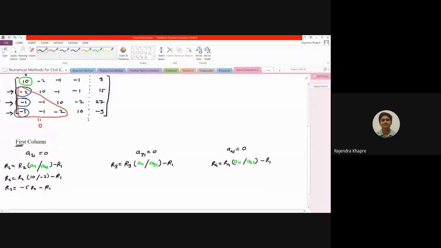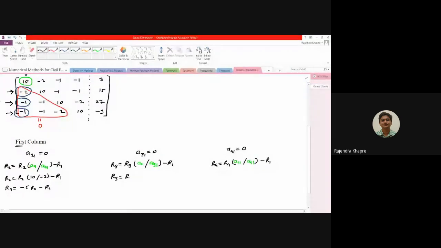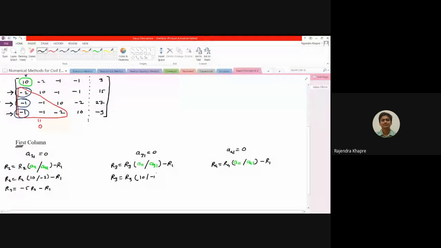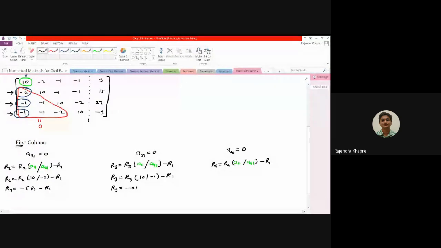Is it correct, student? Okay, let us operate on this one also. So r3 will be r3 into a11, which is 10, divided by a31, which is minus 1, minus r1. So your r3 will be minus 10 times r3 minus r1.